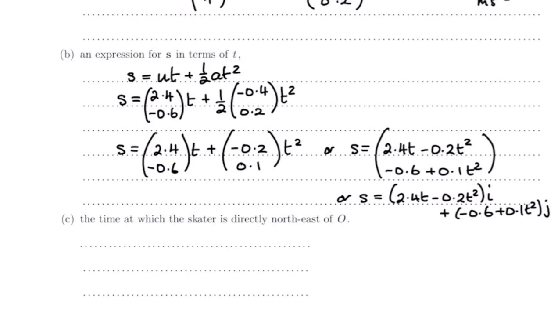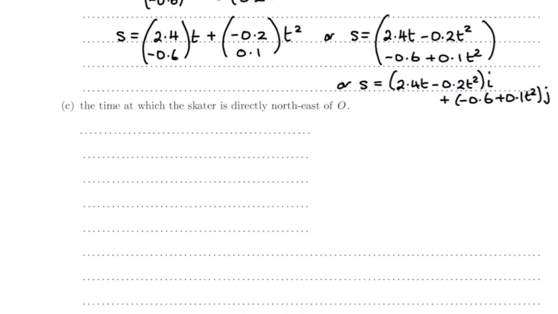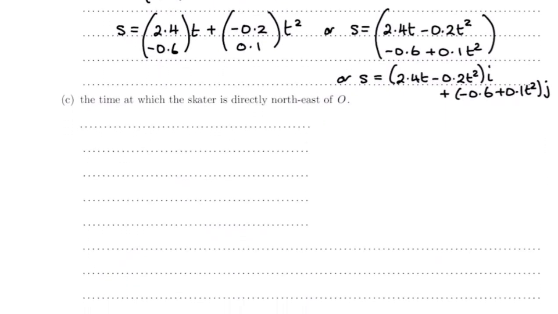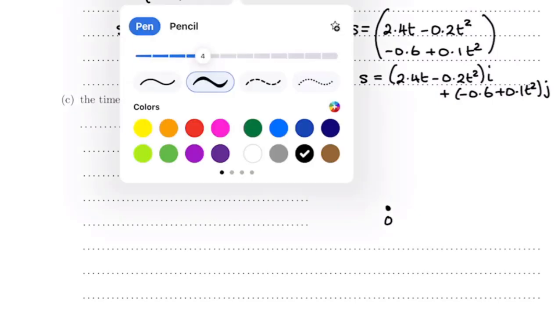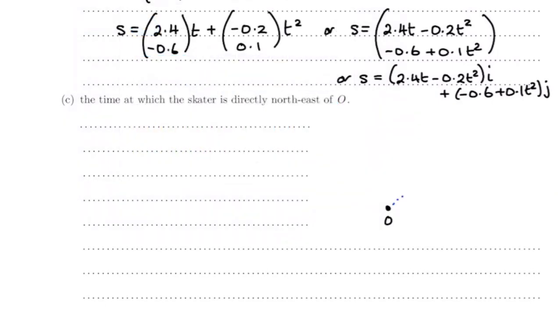Now, part C says, and we're going to use that answer, find the time at which the skater is directly northeast of the origin. Now, there's the origin. If the skater is northeast of the origin, they must be somewhere along a line that runs at 45 degrees.